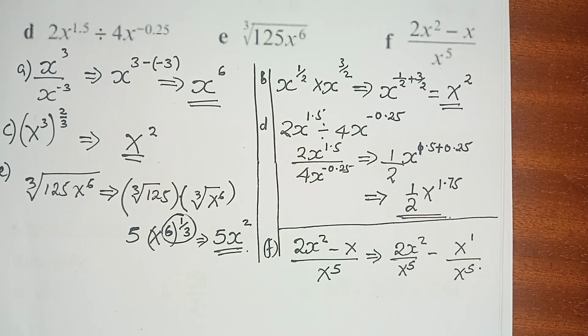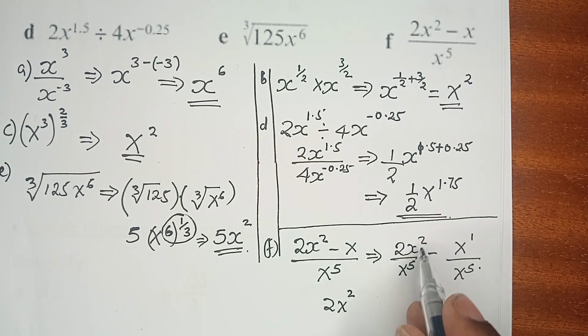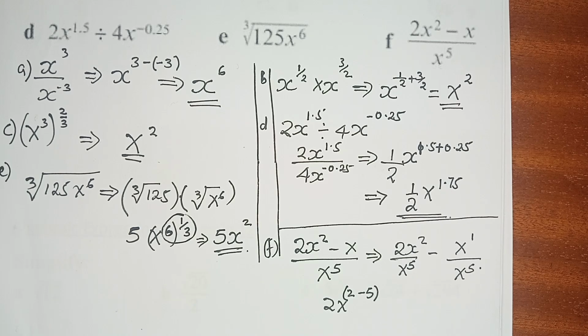And what this gives us is 2 x raised to power 2, and because we have x squared divided by x power 5, division says that we have the difference of the indices, minus x raised to power 1 minus 5.